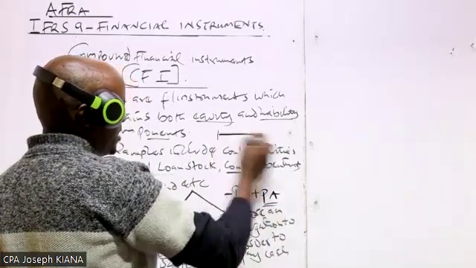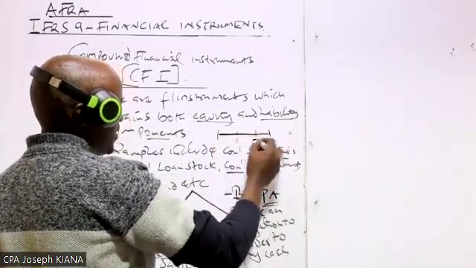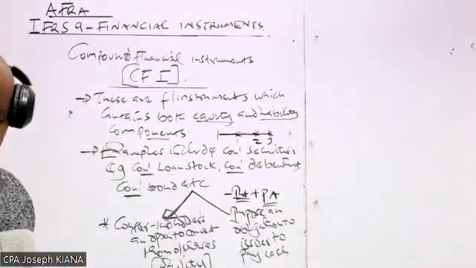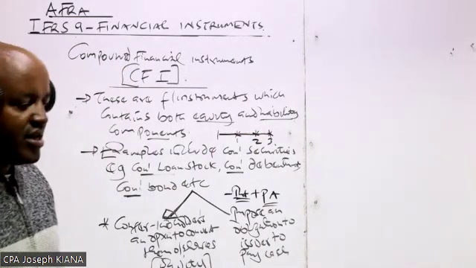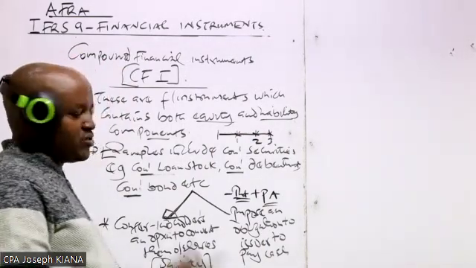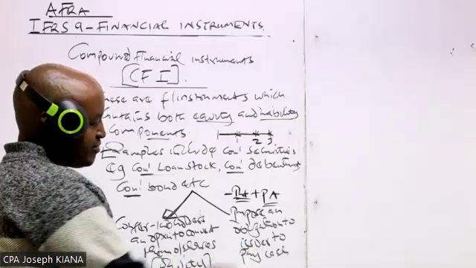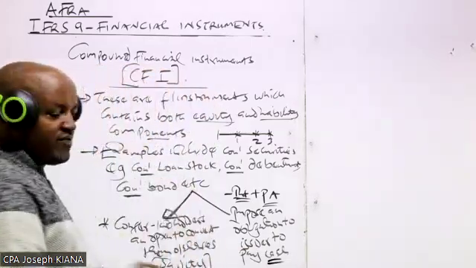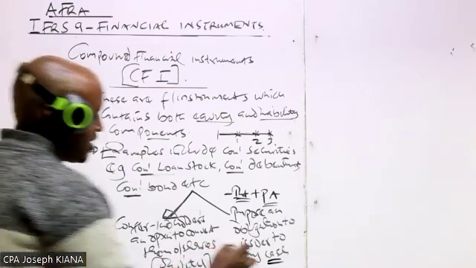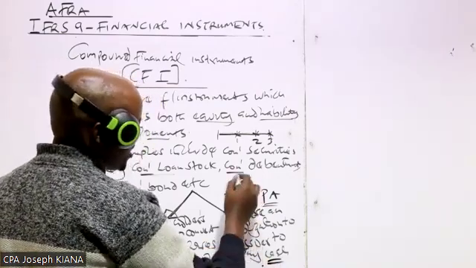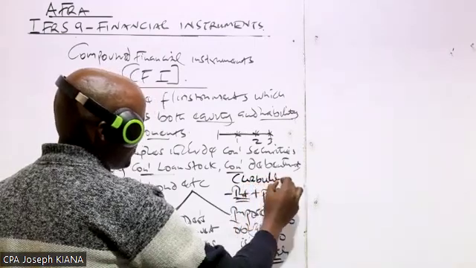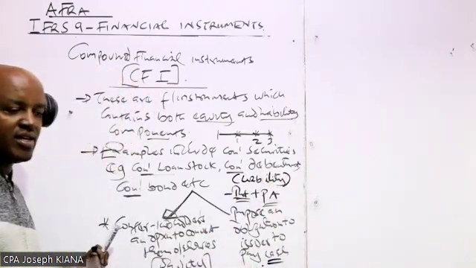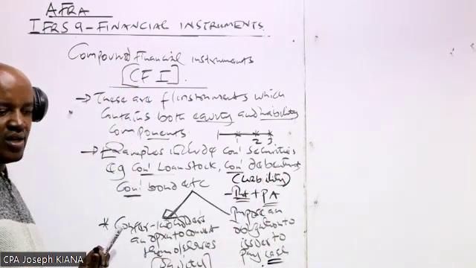If a company issues convertible debentures with a life of 3 years, it means the company has to pay interest for the next 3 years, and at the end of the third year, the company has to pay back the principal amount. The company has an obligation to pay cash, which means this obligation is itself a liability, because by definition a liability is an obligation to pay cash.